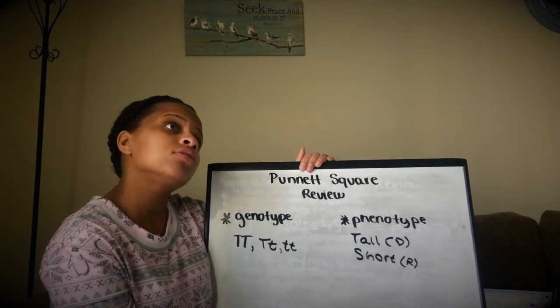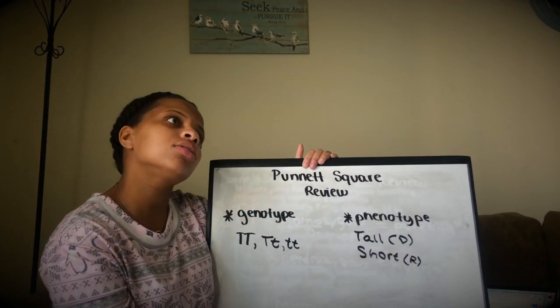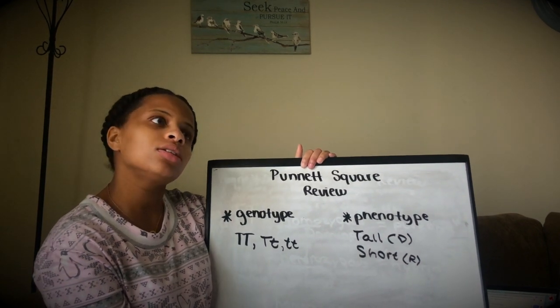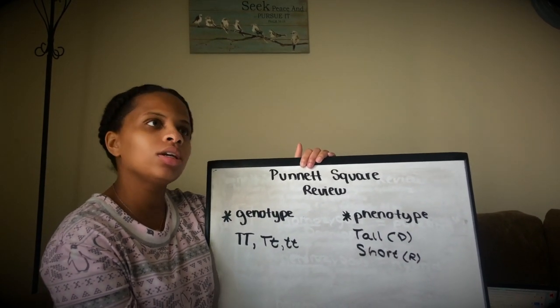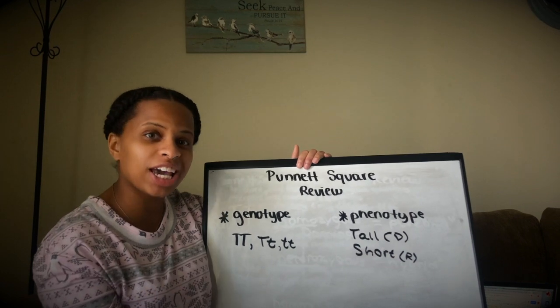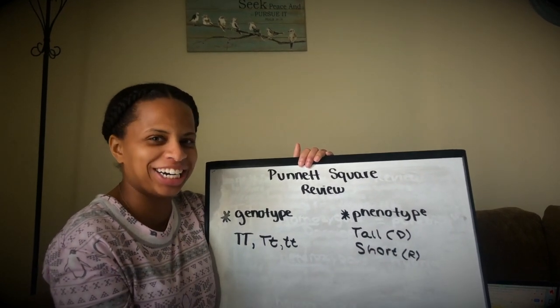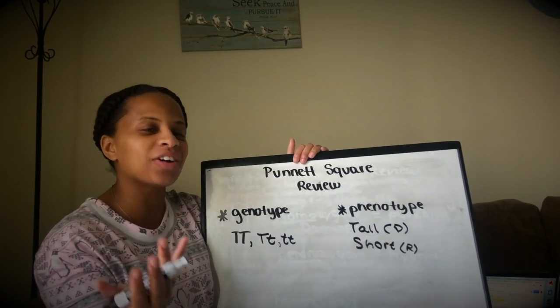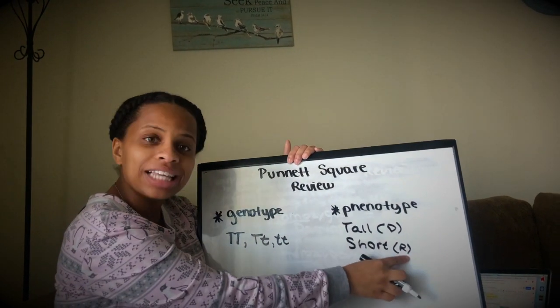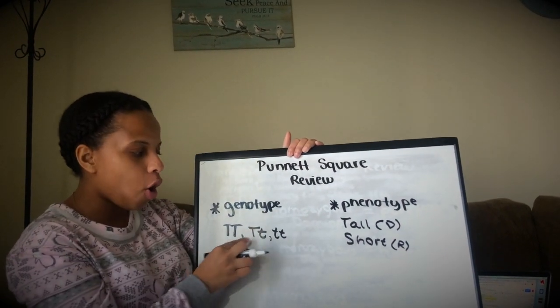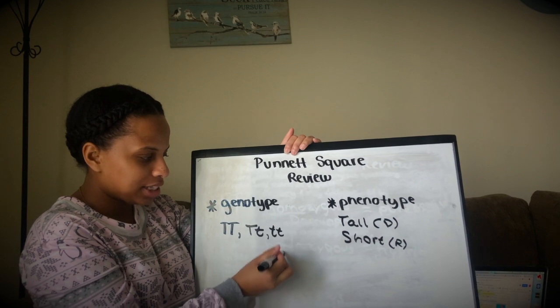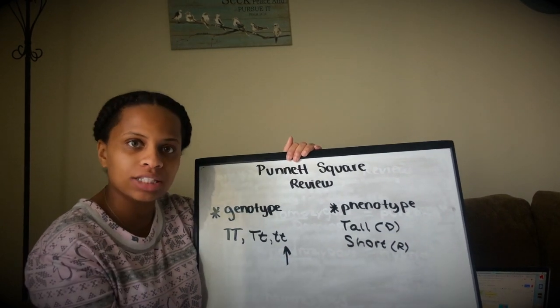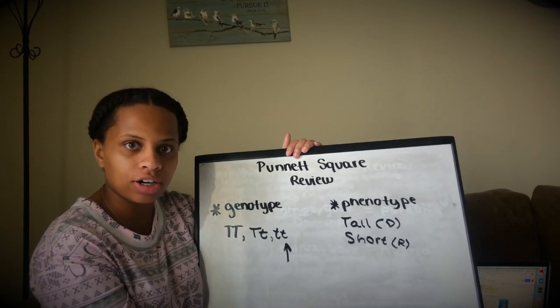Let's think. Okay, what is the answer? The answer is going to be short. Recessive, over here, the only one that's recessive is this right here, homozygous recessive, the lowercase letters, okay?